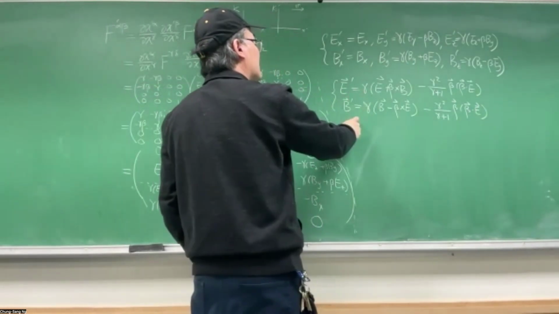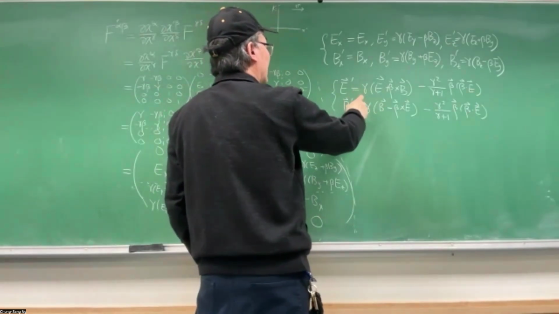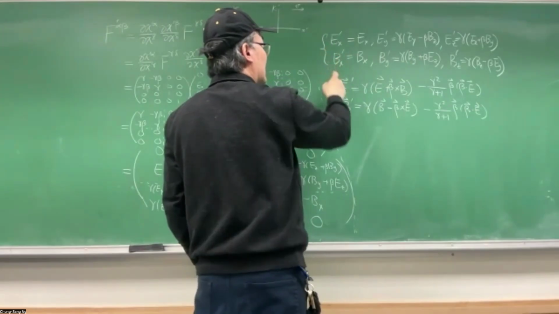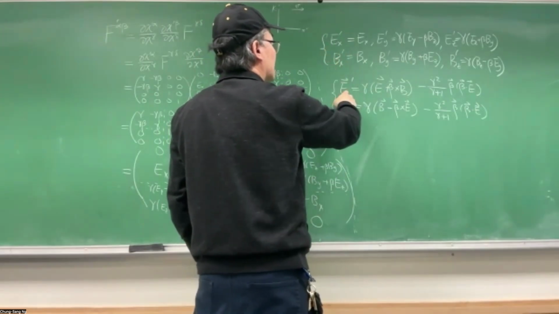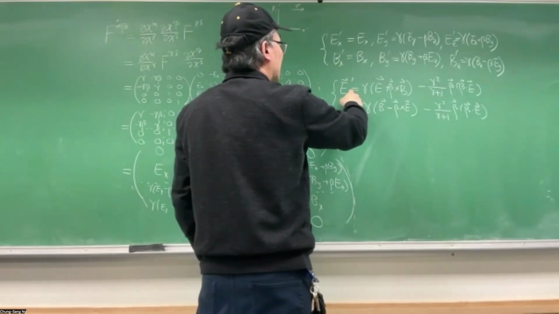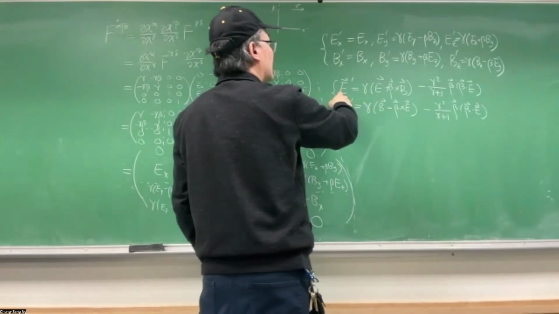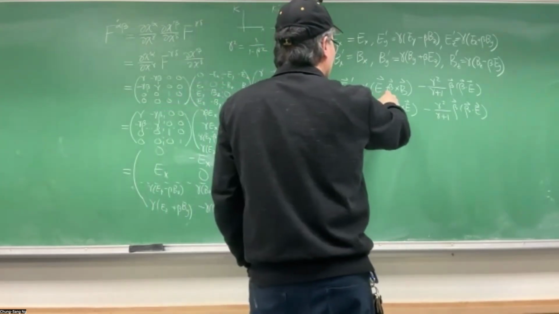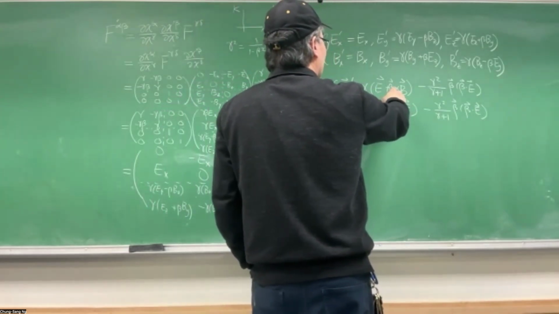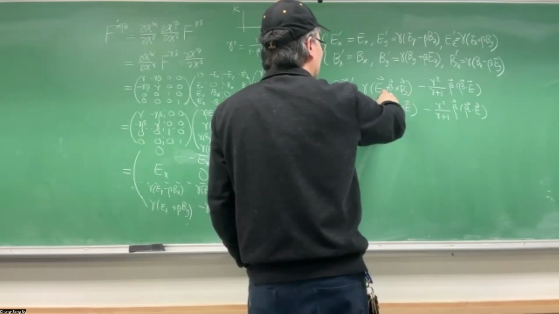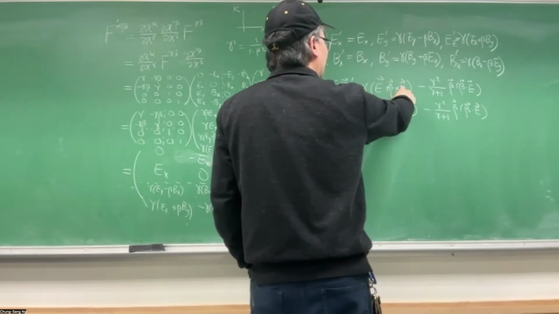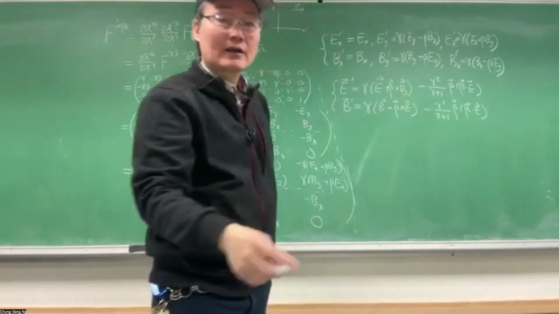To see that these two are correct, you just compare this component by component with this transformation. Like the Ex component, the parallel component, is Ex, right? And this is Ex. Look at the parallel component. The beta is in the parallel direction, so these two are perpendicular, so you don't have that. So compare the Ex from this equation.